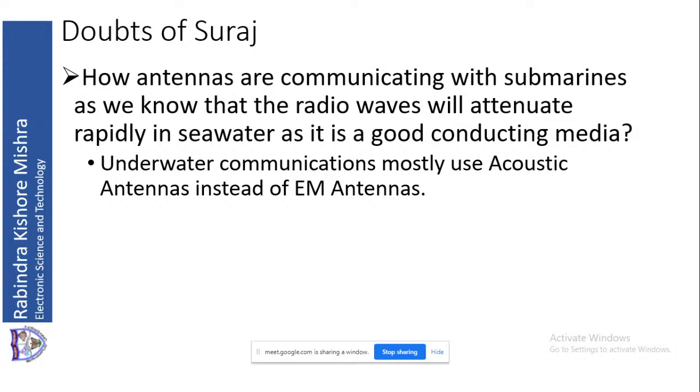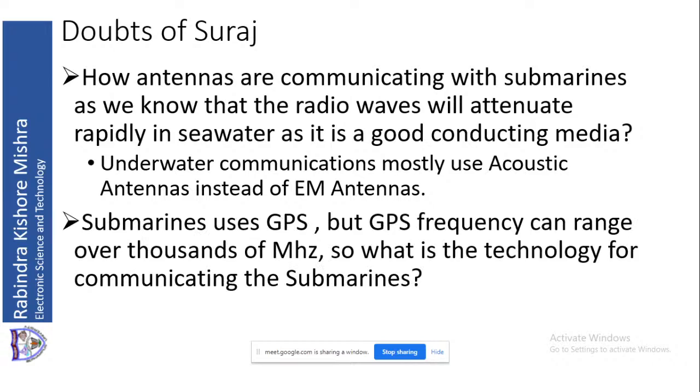There are indirect ways in which sonic communication is converted to electromagnetic communication, and then you establish electromagnetic communication. That is a completely different topic. But please remember that it is acoustic as well as a hybrid of acoustic and electromagnetic communication when we have submarine communication.